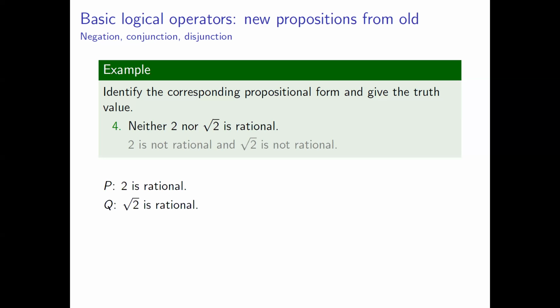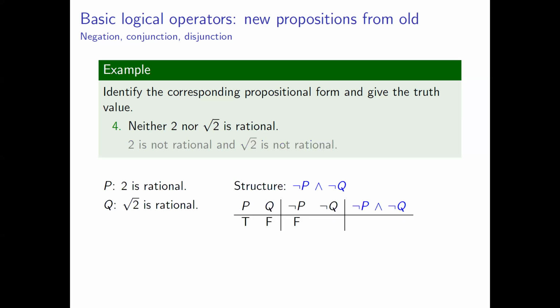Then, with this choice of P and of Q, the first part of the sentence is not P, followed by the word "and," signifying a conjunction, and the statement not Q. Since P is true and Q is false, not P is false and not Q is true. Thus, the conjunction of not P and not Q is false. Therefore, the given sentence is false.